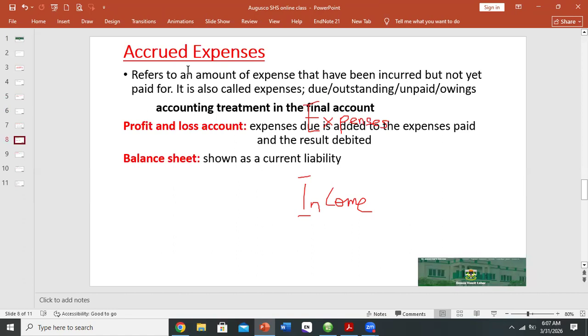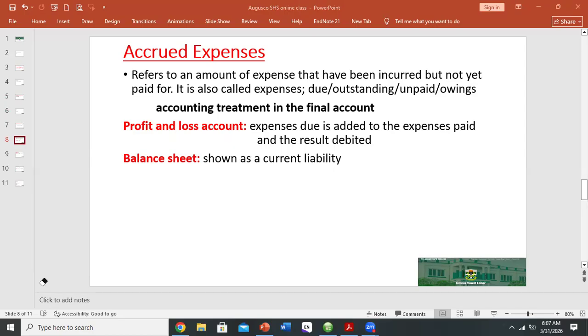So for example, if you go for the building of an individual, or let's say a landlord, and you use it for 1 year and you haven't made any payment for that particular expense, rent, then we can say the rent has accrued. Now, the other terms for accrual could be outstanding, owings, unpaid, or due, which simply means that you haven't paid, so you are owing.